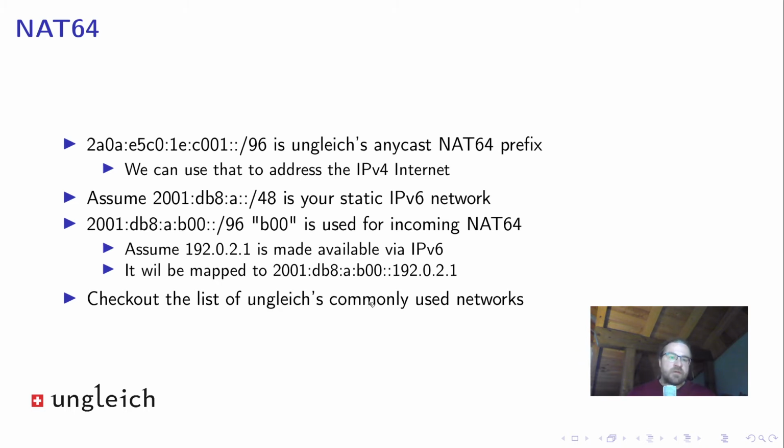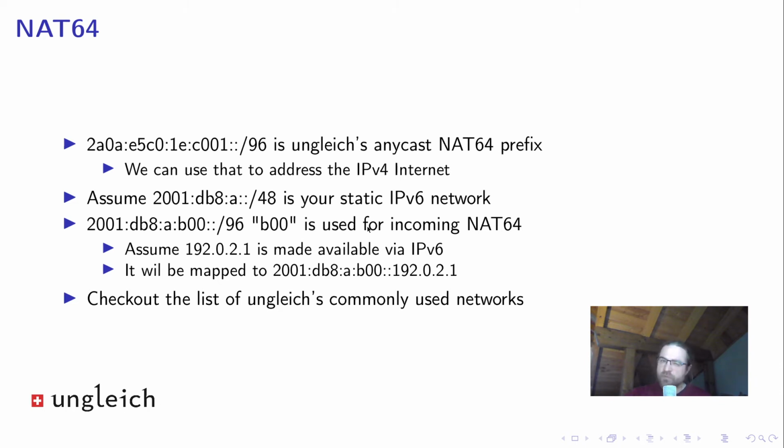Given a /48 IPv6 network, we defined some typical subnetwork addresses that we use. For instance, the B00 subnetwork is something we quite often use for incoming NAT64.